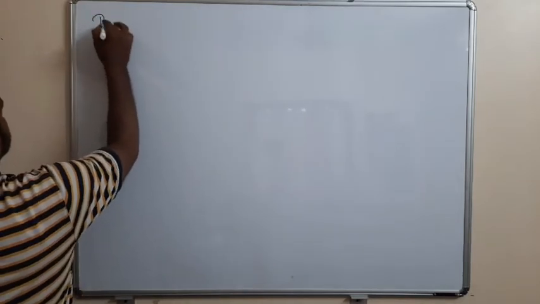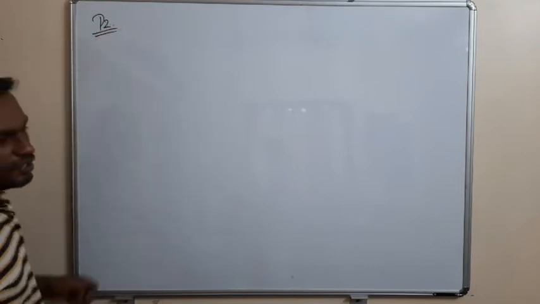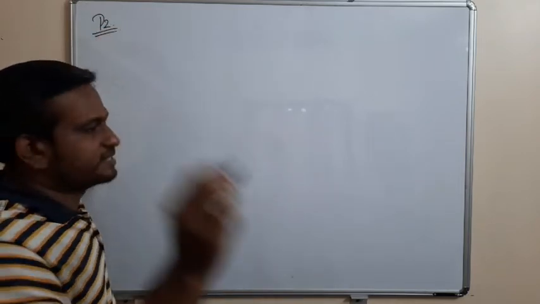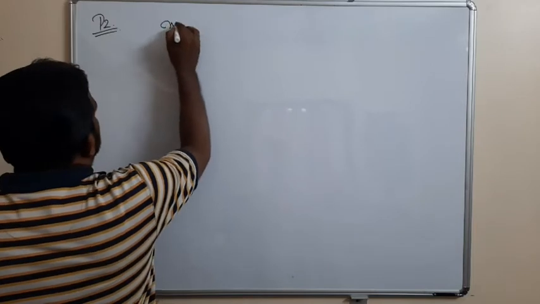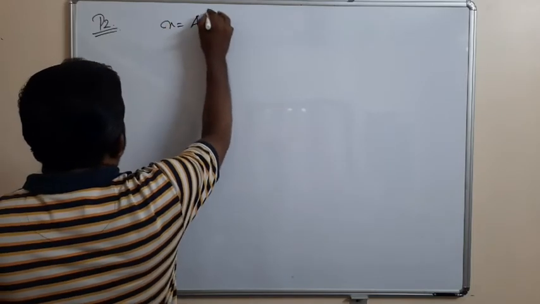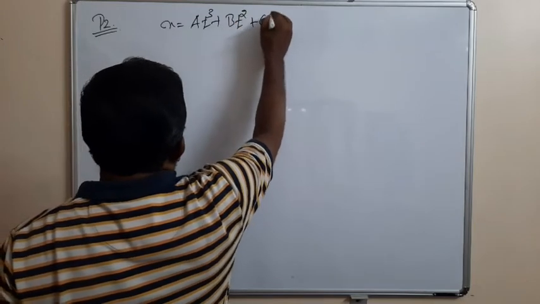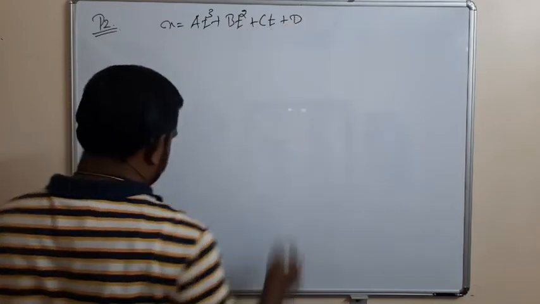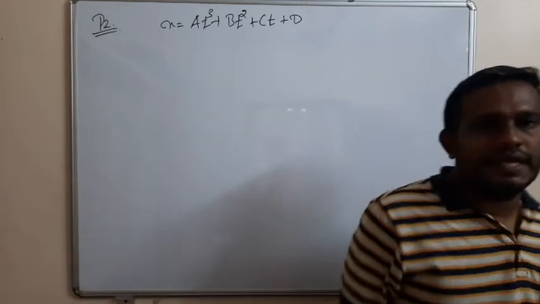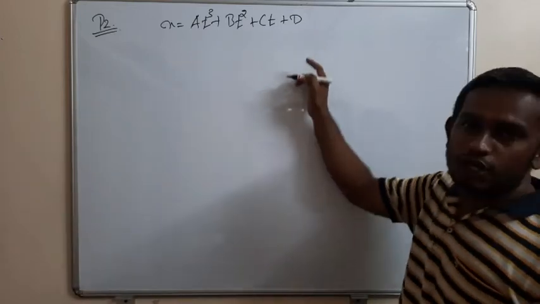The next problem, P2. The position of an object moving on the x-axis is given by x is equal to a t cube plus b t square plus c t plus d, where a, b, c and d are numerical constants.